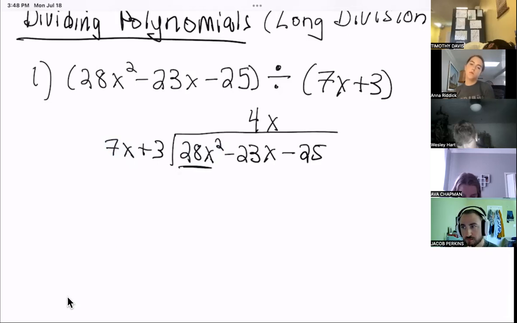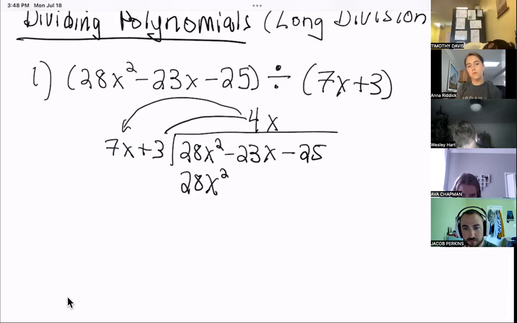And then we're going to multiply, just like the distributive property. This we already know was 28x squared because we figured it out. And then we're going to multiply this. 4x times 3 is positive 12x. So distribute and distribute. Once you figure out what you had to multiply by, you distribute to both terms.